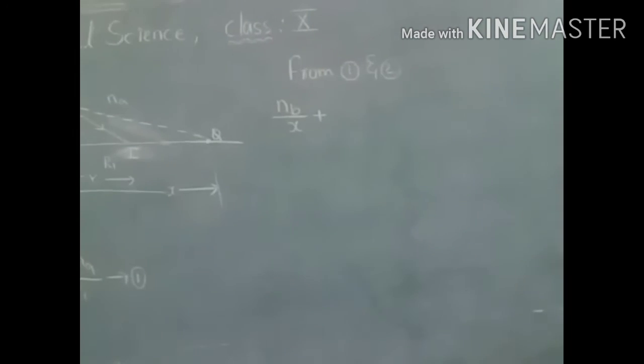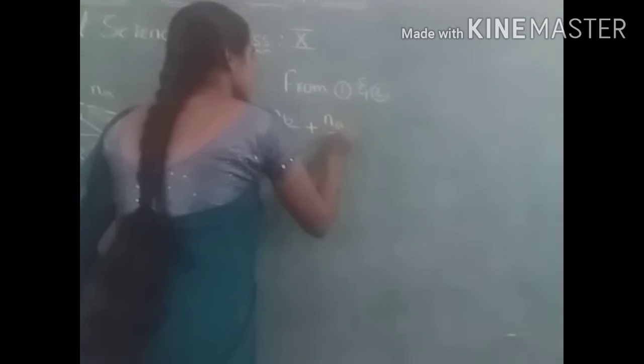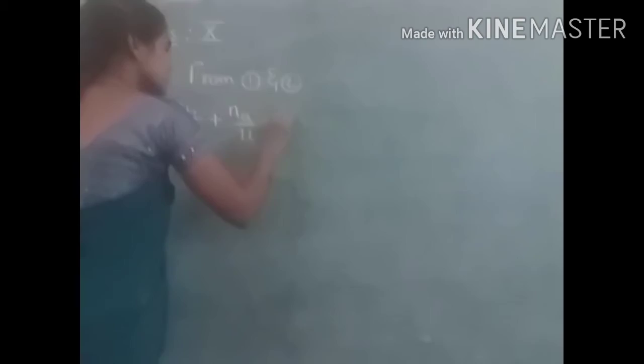So first we will add the LHS items, that is NB by X minus N1 by U, plus NA by V minus NB by X. Here minus into minus is plus, so we have taken plus NA by U. NA by U is equal to plus. So here we are adding these two, that is why we take a plus from the second equation, NA by V minus NB by X.